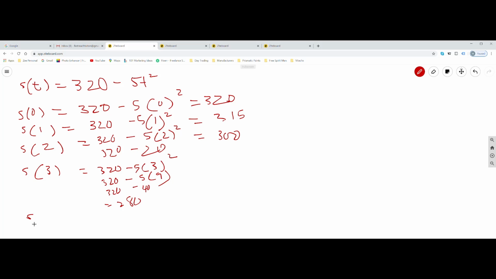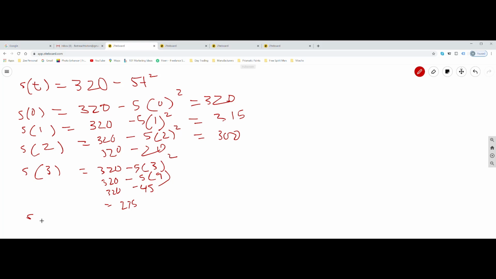Oh, this is 45, sorry. 320 minus 45 is 275.